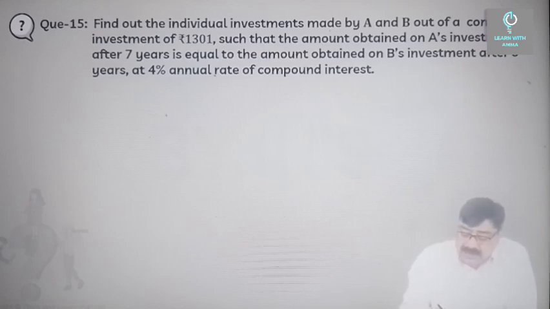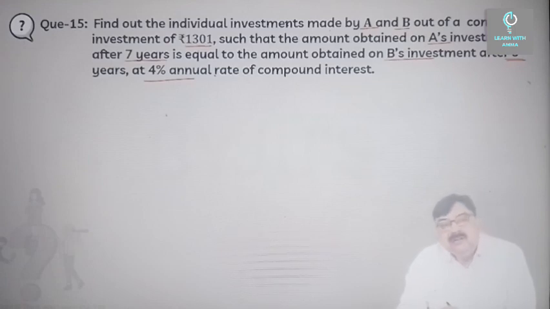The next question: find out the individual investments made by A and B out of a combined investment of rupees 1301, such that the amount obtained on A's investment after 7 years is equal to the amount obtained on B's investment after 9 years, at 4% annual rate of compound interest.